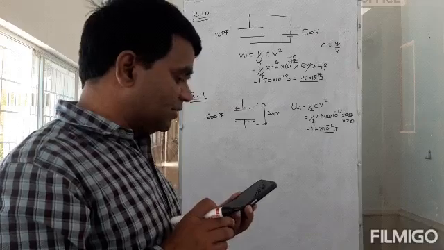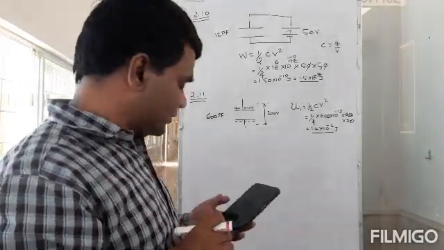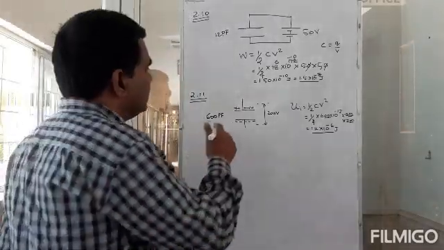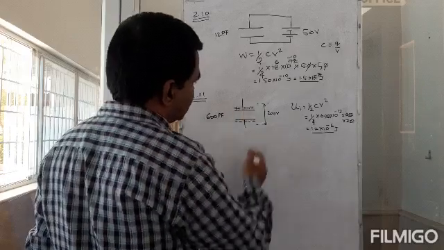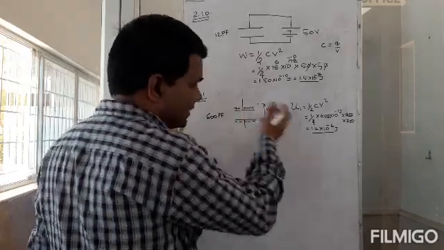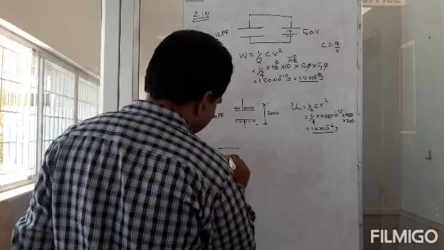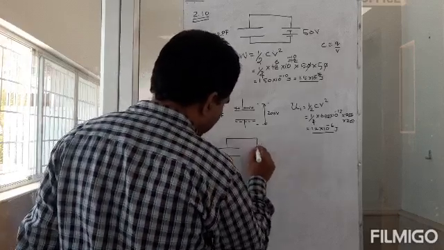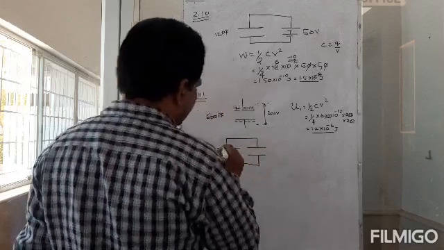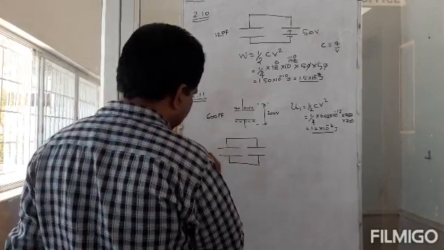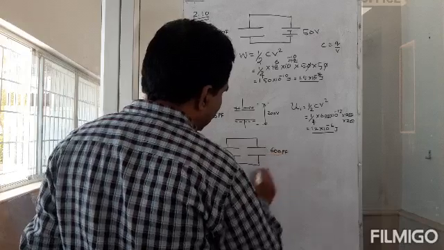So what I am doing here, I am going to take this capacitor and connect it to another 600 picofarad capacitor, and let us see what happens now. So what will happen?